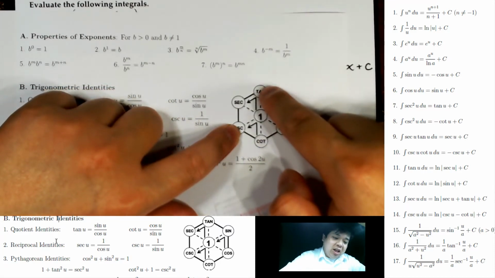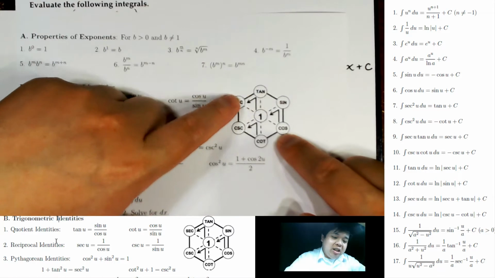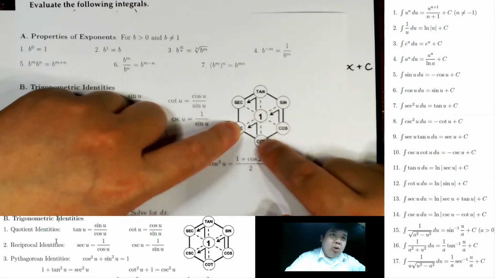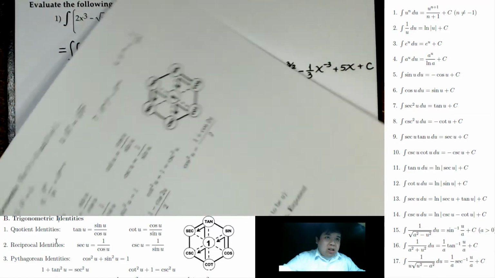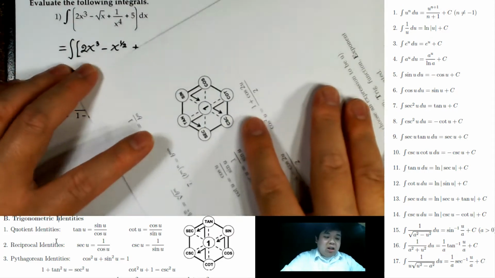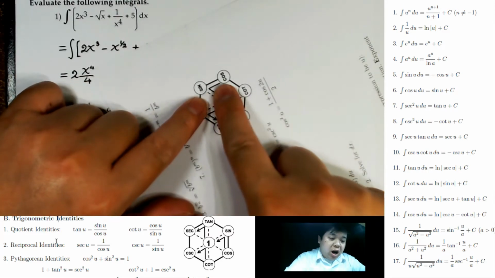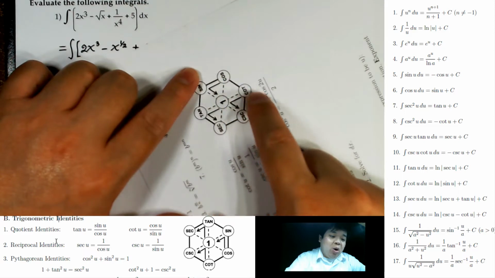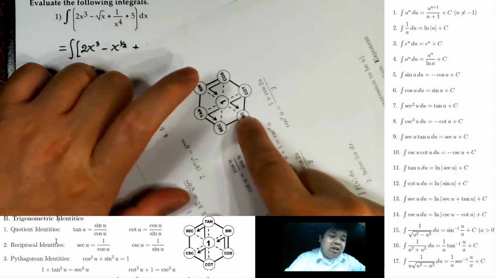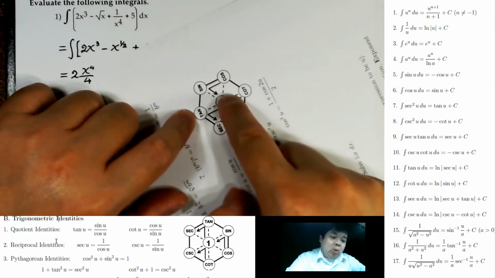So tangent is equal to sine over cosine, secant over cosecant, 1 over cotangent. We can also turn that around like this, and we have cosine on the top, then cosine equal to cotangent over cosecant, sine over tangent, and 1 over secant.